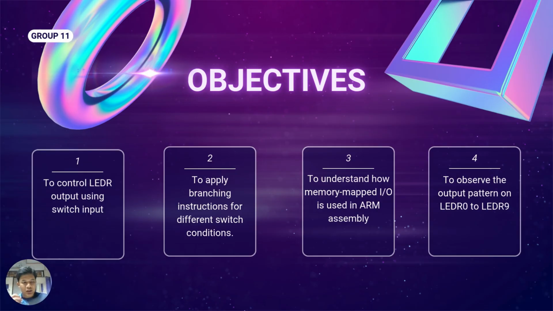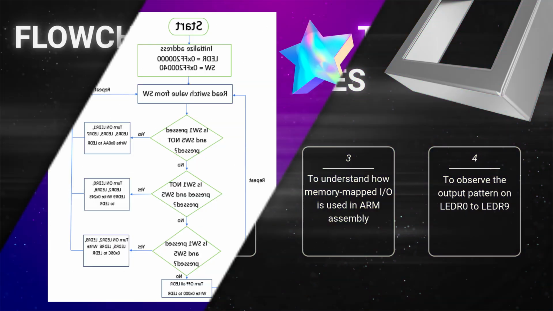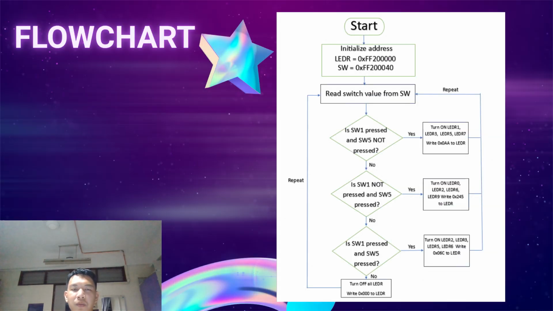For the flowchart, I will pass to my member, Ellery. Okay, for this slide, I will explain the flowchart for question 3. The program starts by initializing the memory I/O addresses. The LEDR address is set to 0xFF200000, while the switch address is set to 0xFF200040.